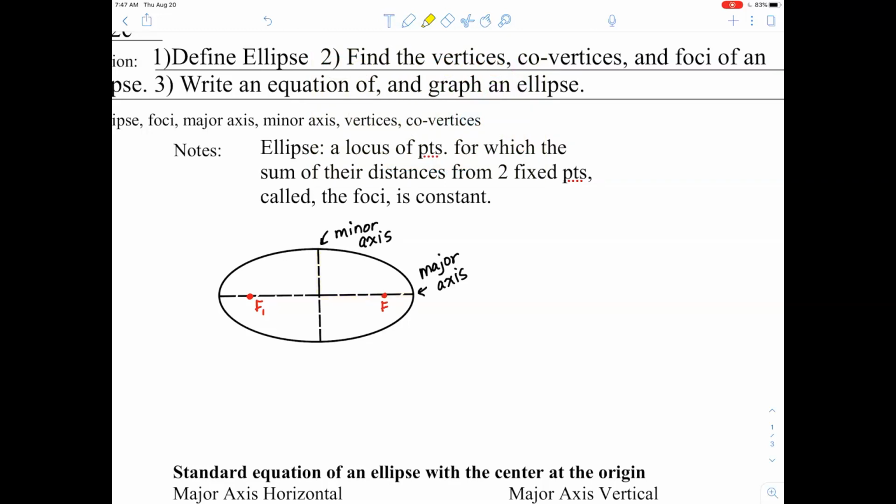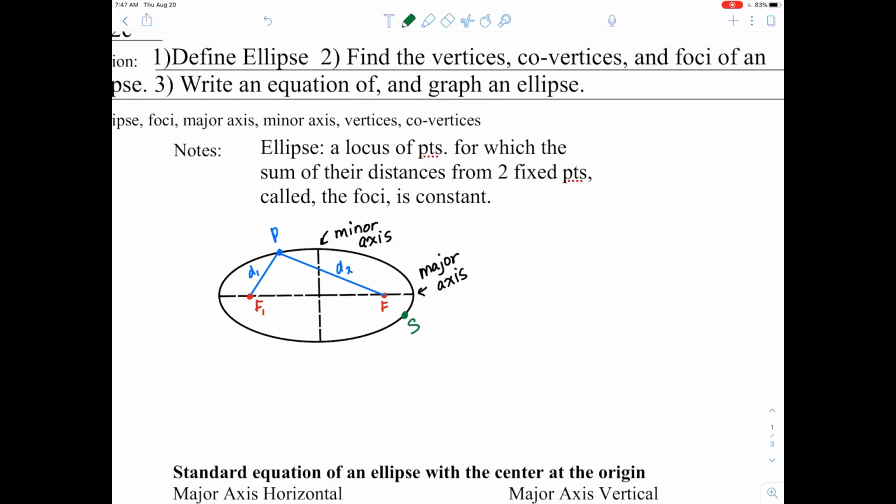Okay? All right. So let me just help to illustrate this definition of an ellipse. I'm going to put a point here. So this is going to be point P. Now it says that point P is part of that locus of points, and the sum of the distance from this point P to each focus, so there's distance sub 1, and here's distance from that point to the other focus, this is distance sub 2, has to be the same as, let's say I put point S over here.